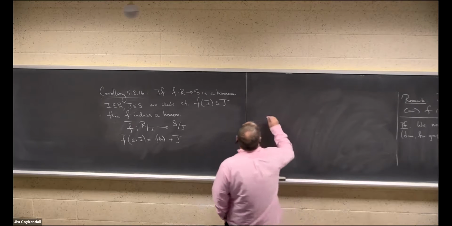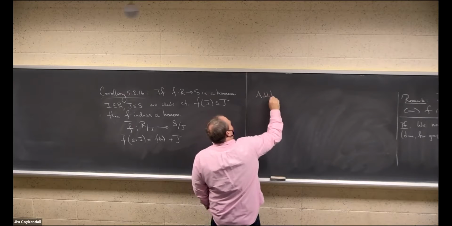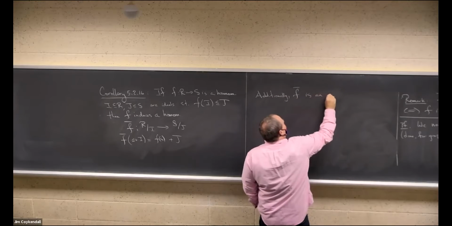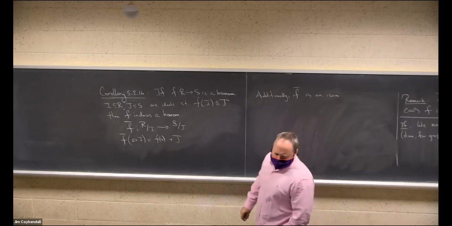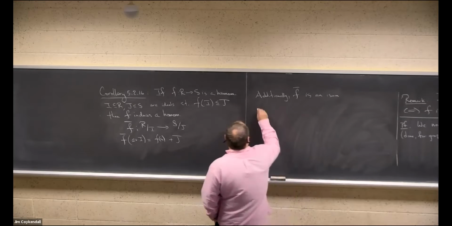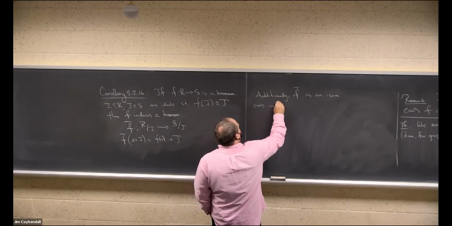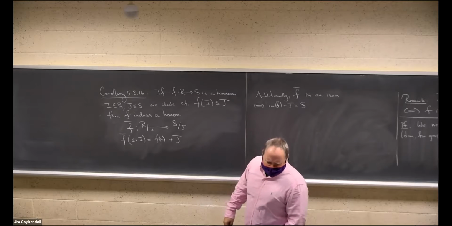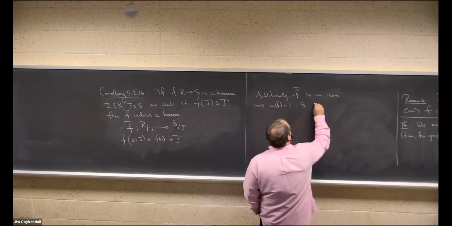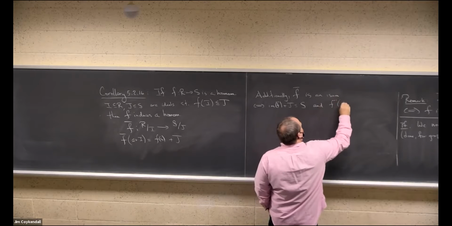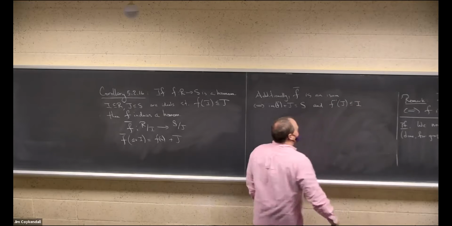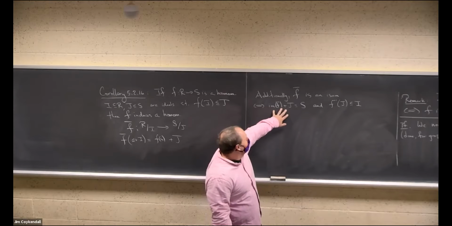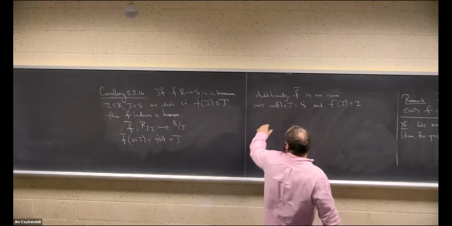Additionally, F bar is onto if and only if the image of F plus J is all of S, and one-to-one if and only if F inverse of J is contained in I. This condition is what you need for onto, because you're generating everything in S with the image of F plus J, right?